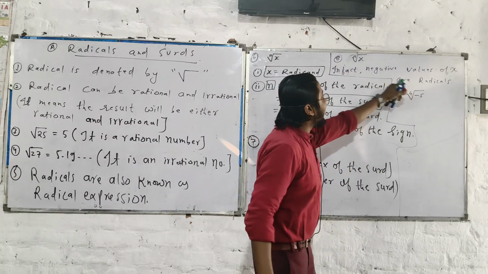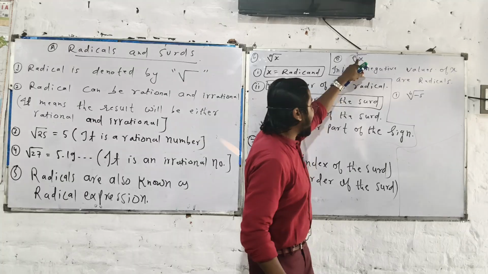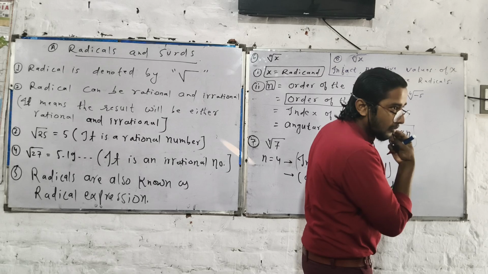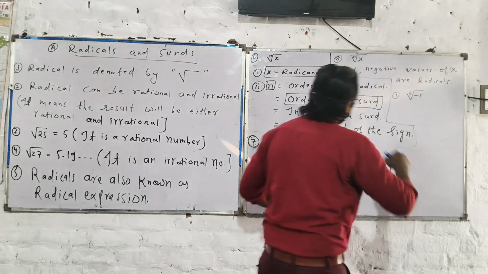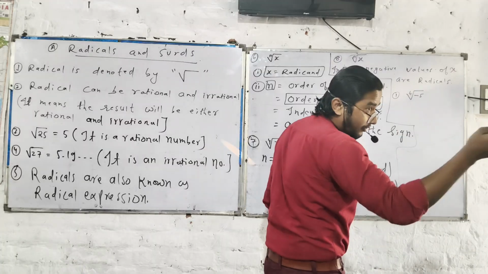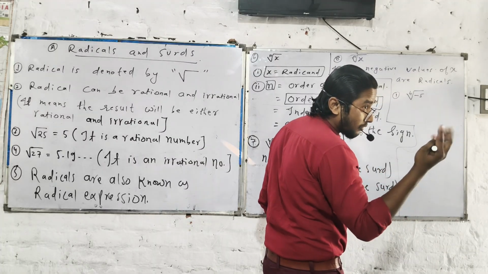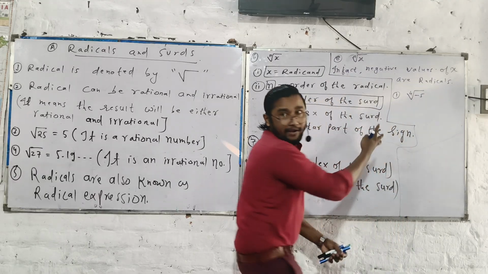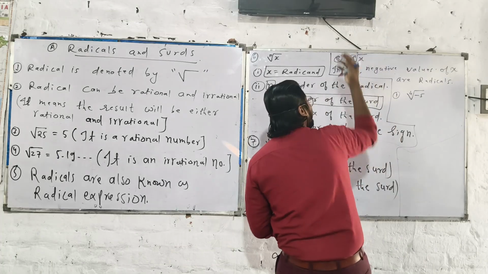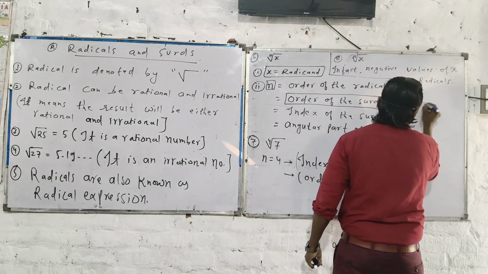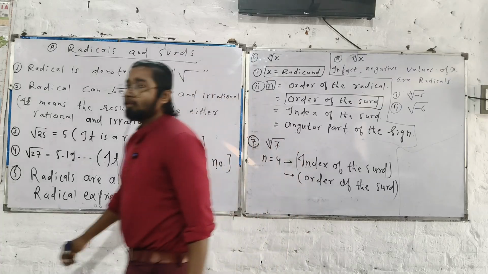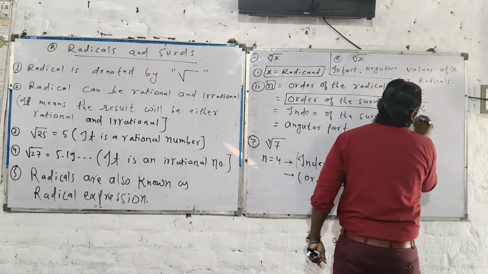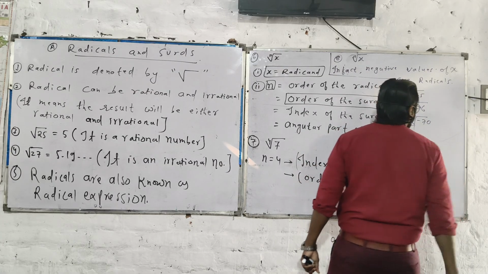In fact, negative values of x are radicals. It means I can say the fourth root of negative 5 is a radical. For example, the square root of negative 6, the cube root of minus 70.